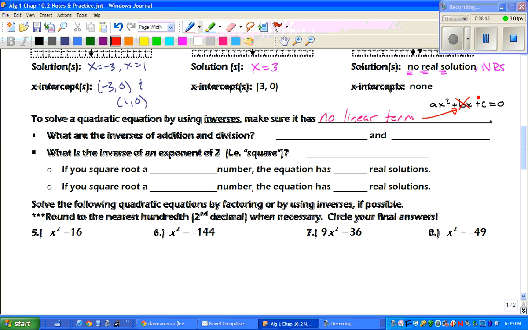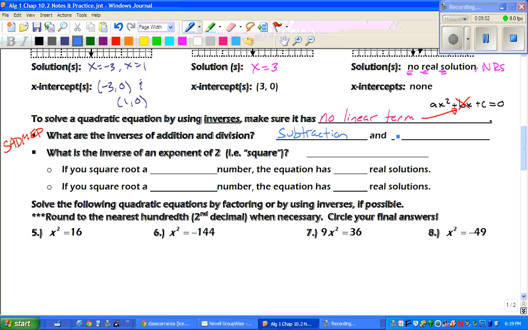Now, we've talked about inverses all the time, okay? Inverses, we're really talking about SADMAP. What are the inverses of addition? Well, the inverses of addition are subtraction.